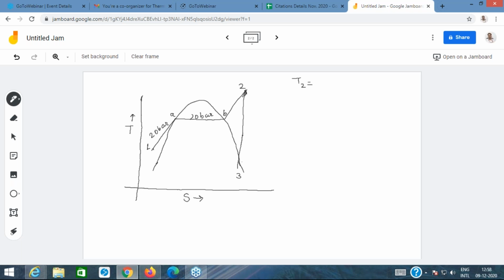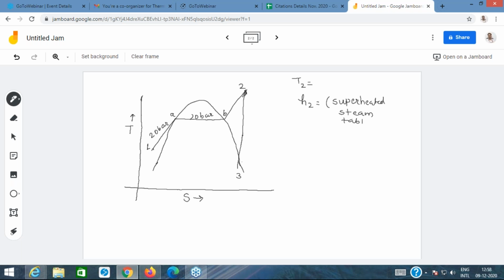So, can you find the enthalpy H2 from the steam tables? For finding the enthalpy H2, you need to refer to the superheated steam table.